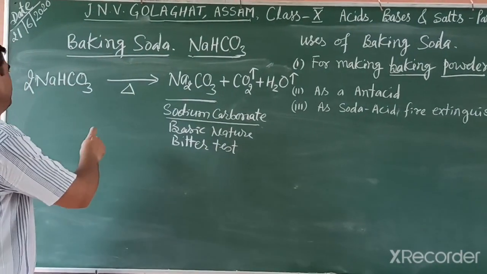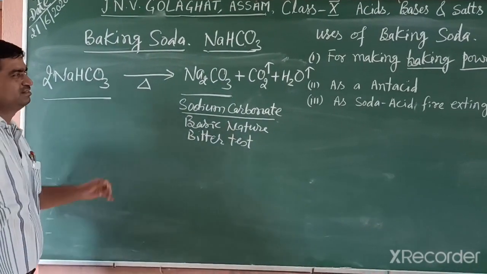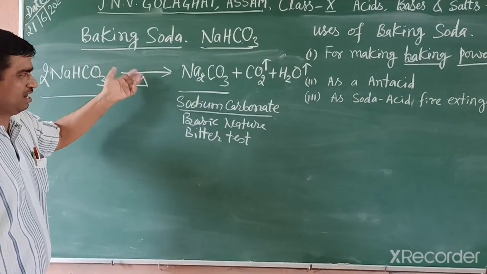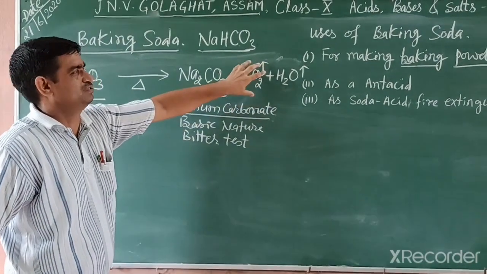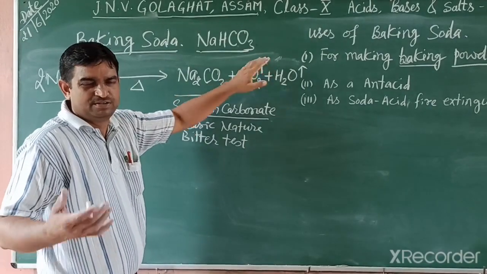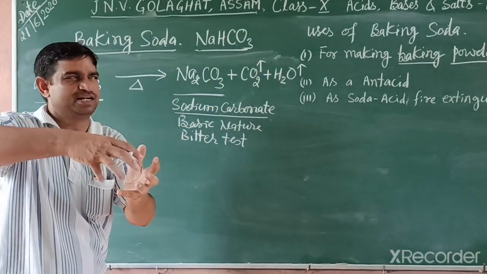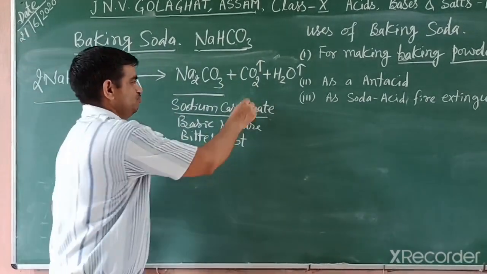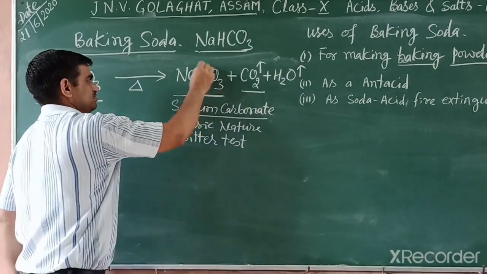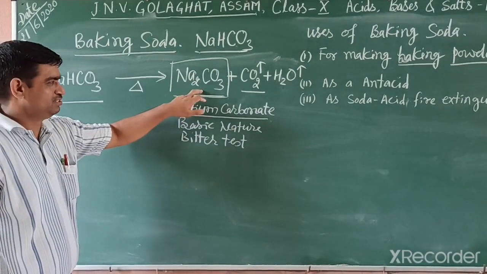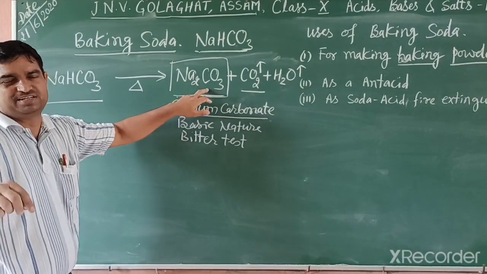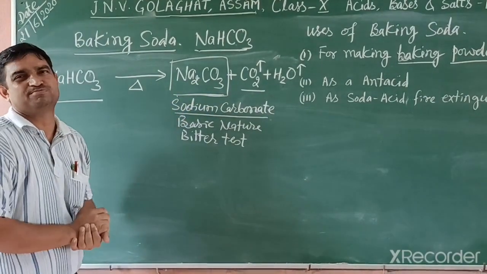Then when we heat the bread and cakes, the salt is converted to sodium carbonate, carbon dioxide and water. Due to this carbon dioxide, the bread and cakes are soft and sponge-like. But this salt remains in the bread, so the bread has a bitter taste and we can't eat it properly.